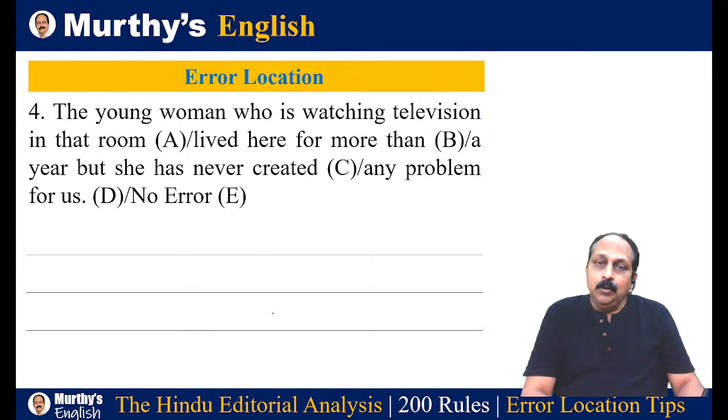Question number 4. The young woman who is watching television in that room lived here for more than a year, but she has never created any problem for us. Who said it is used only for two people? Each other is for two persons, not each. Each of the employees, each of the students, each of the participants, you have to use with a plural noun.